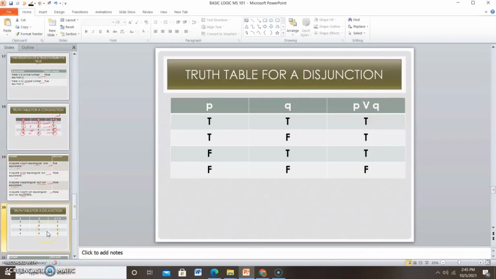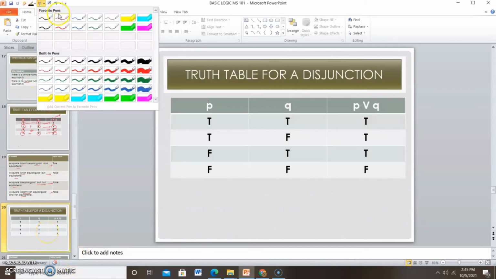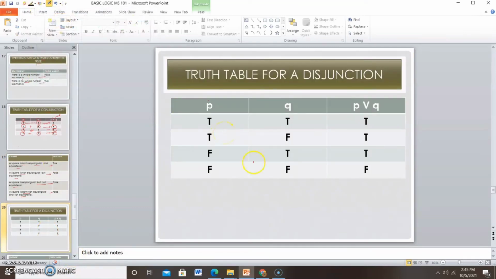Next, how about disjunction? In disjunction, giving the symbol or, given P and Q, P is true, true, false, false, and Q is true, false, true, false.